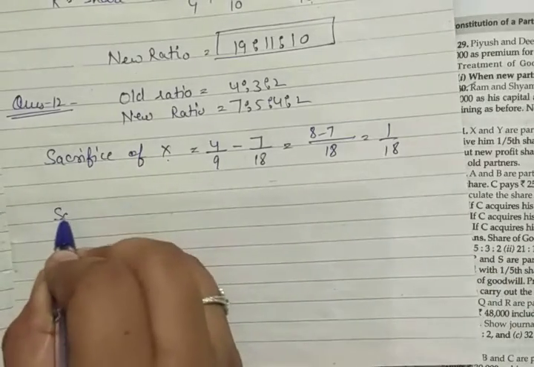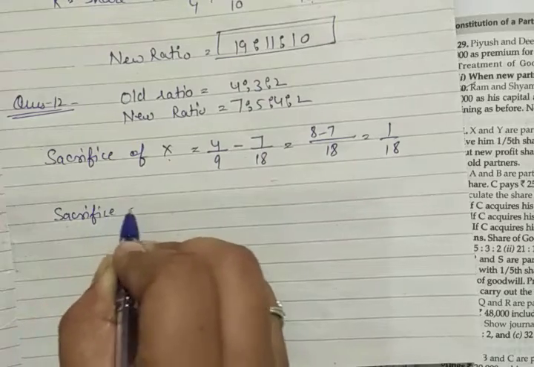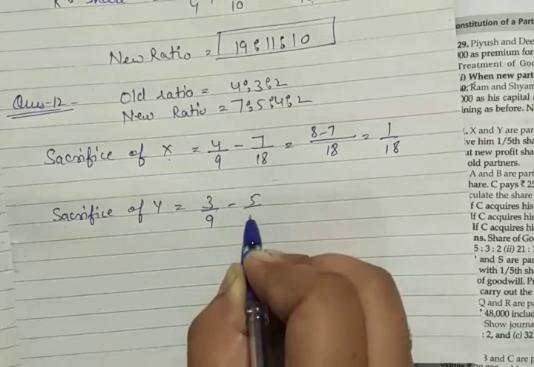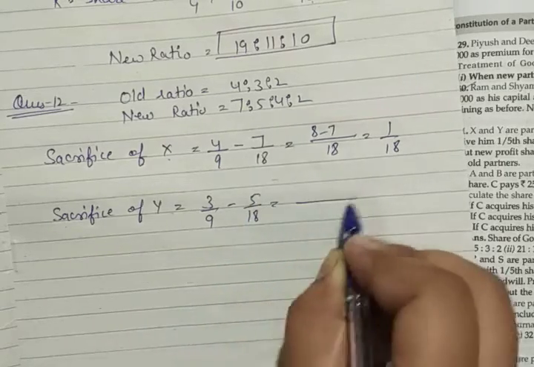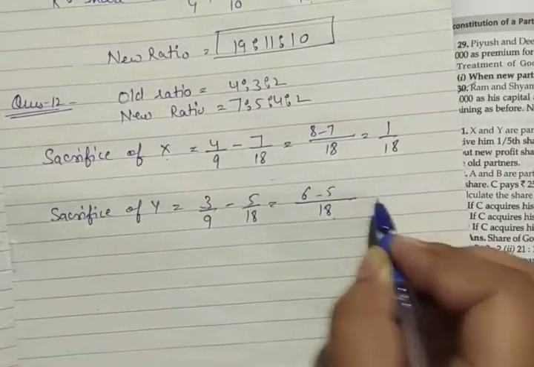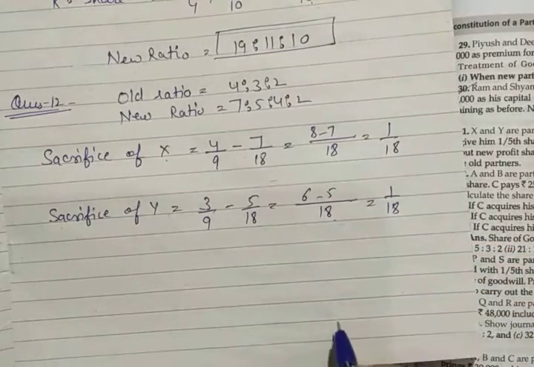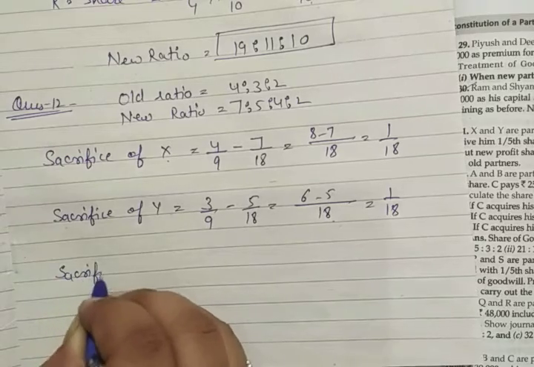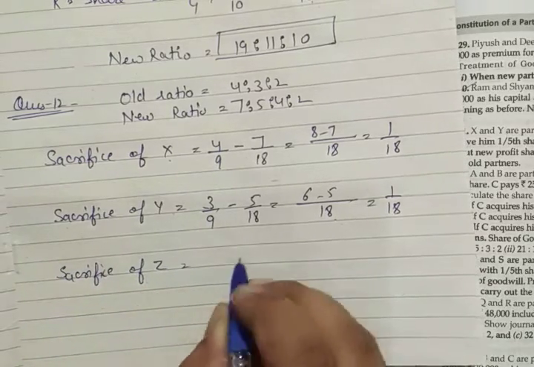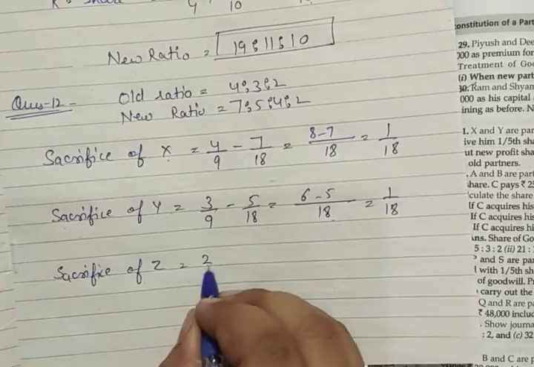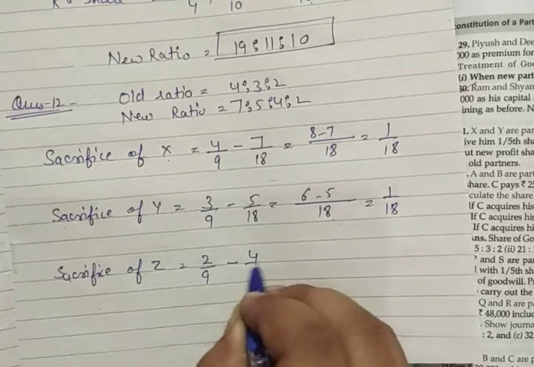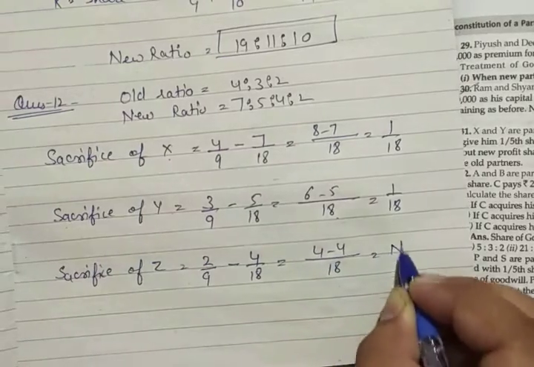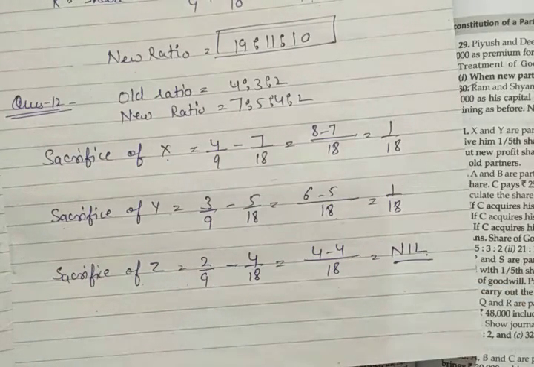Now come to sacrifice of Y, because we have to find out the sacrificing ratio, so we will write it as old minus new, and this becomes 6 minus 5, it is 1 by 18 again, and that of Z, sacrifice of Z, that is the last partner, and his sacrifice will be 2 by 9 less 4 by 18, and this will be 4 minus 4, that is he will be sacrificing nothing.